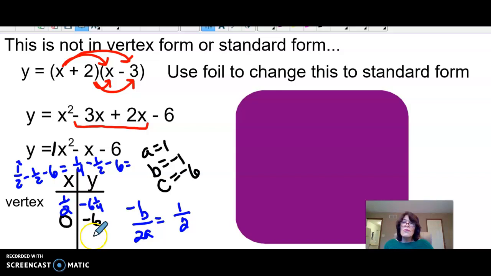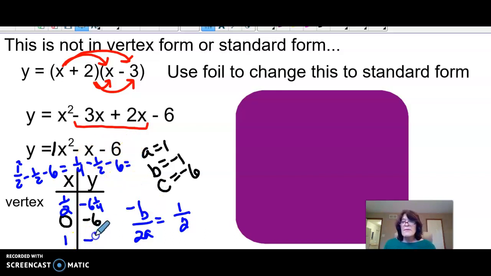Okay, so those are 2 points. If I want a couple other points, I might stick 1 in. 1 squared is 1. 1 minus 1 is 0.